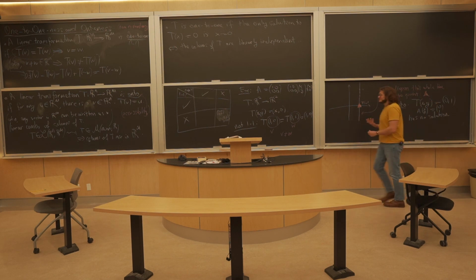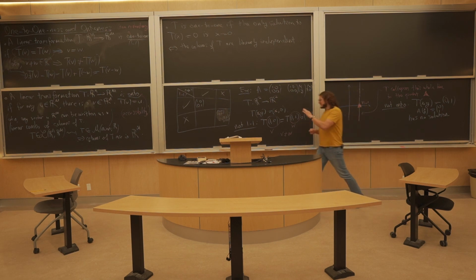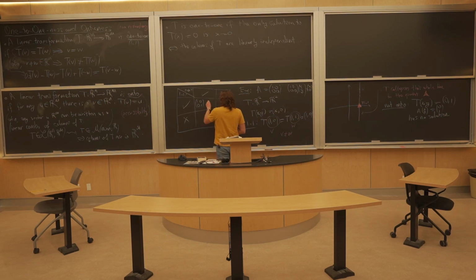If the identity transformation doesn't satisfy everything, then we can't do anything, right? So this should be both one-to-one and onto. I'll leave that to you to verify. Let's do a slightly more complicated example. Let's say 0, 1, minus 1, 0. Okay, this is also an example.